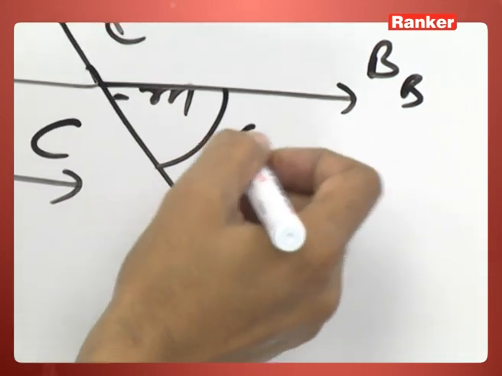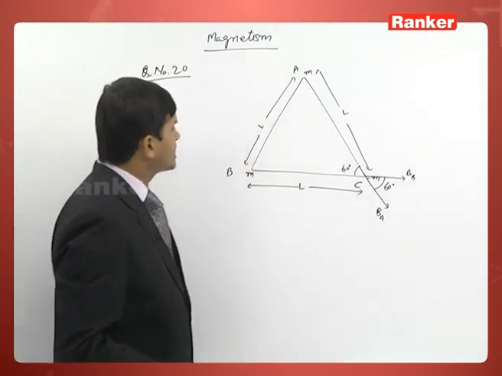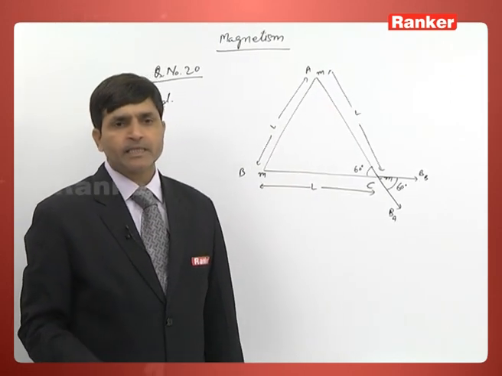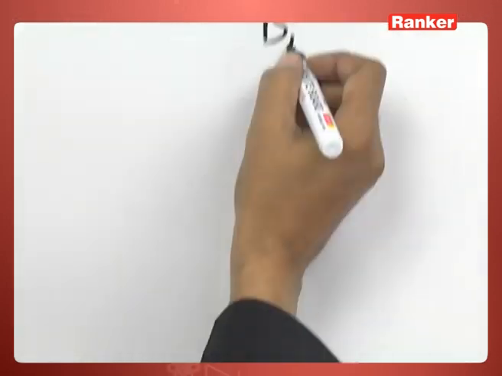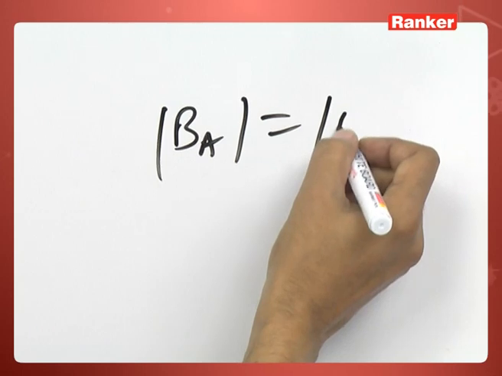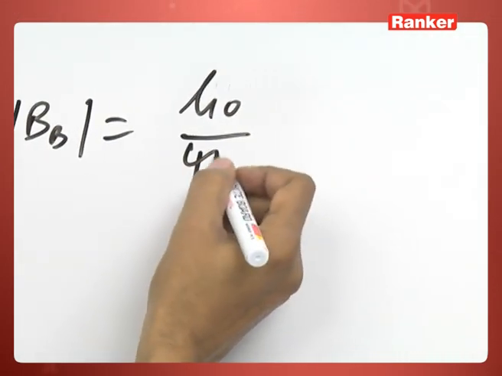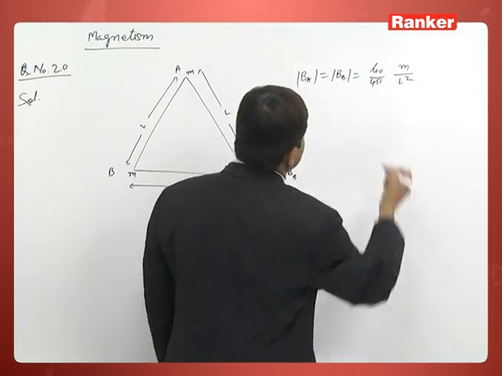The angle between these two is 60 degrees because this is an equilateral triangle. Since the pole strength is the same as well as the distance from C, the magnitude of BA and BB is the same, which is mu naught by 4 pi, m by L square.